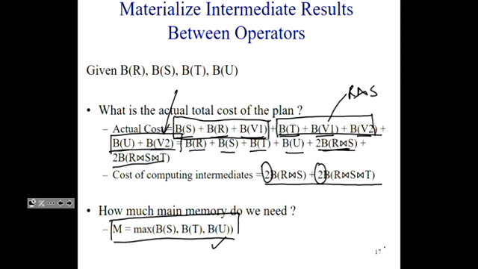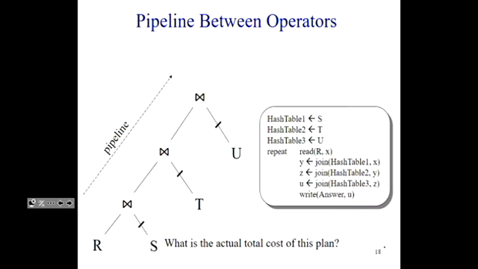Yeah? Okay. All right. So the next approach, if we had more memory, is a fairly straightforward approach where we are just going to pipeline. We are not going to materialize anything. We are just going to pipeline through all of the operators. And so what we are going to start by doing is to create a hash table on S, create a hash table on T, create a hash table on U. And then we'll start with a tuple of R, probe S, okay?